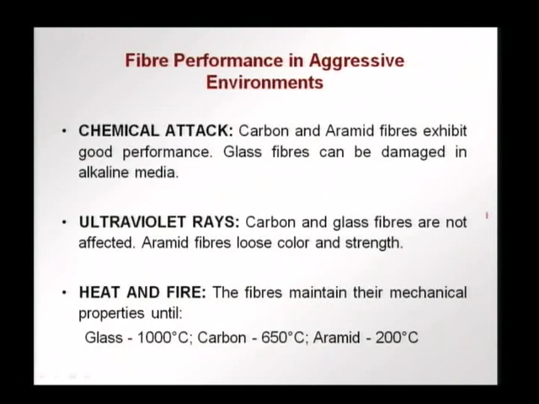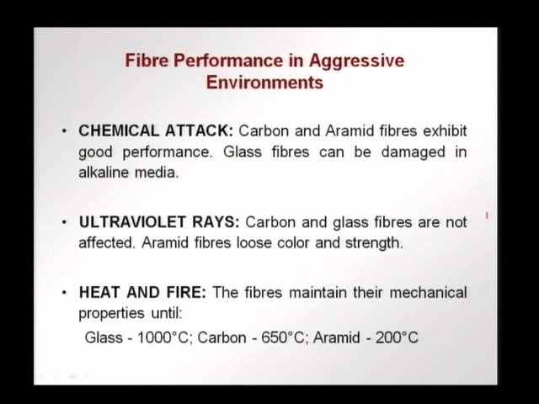What happens to these fibers in the long term? In terms of chemical attack, carbon and aramid fibers exhibit good performance. They are not easily attacked by most chemicals. Glass fibers can, however, be damaged in alkaline media. We should ensure that the proper type of glass is used, which does not have a propensity of deteriorating in an alkaline environment.